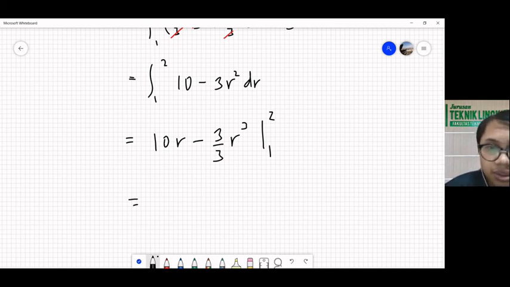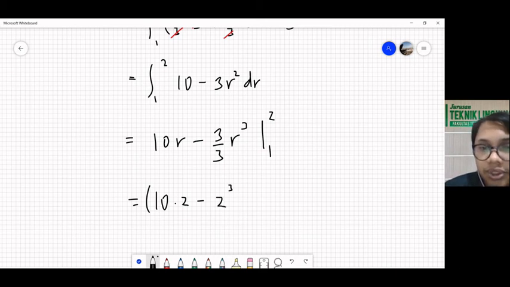Then just input the limit. 10 times 2, 2 power 3 minus 10 times 1 minus 1 power 3.